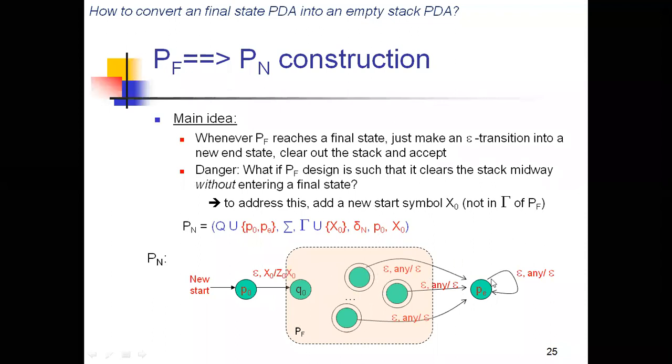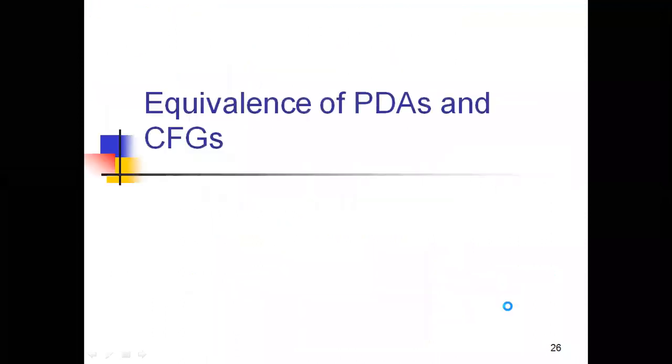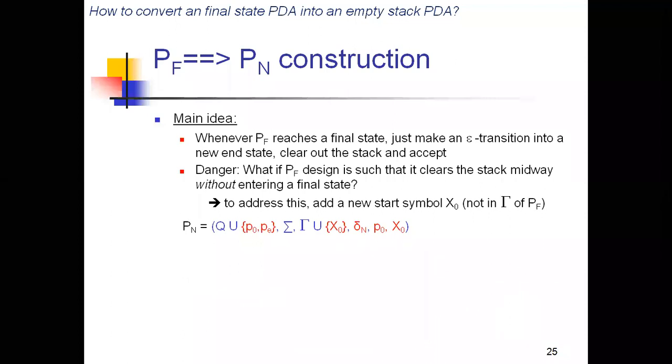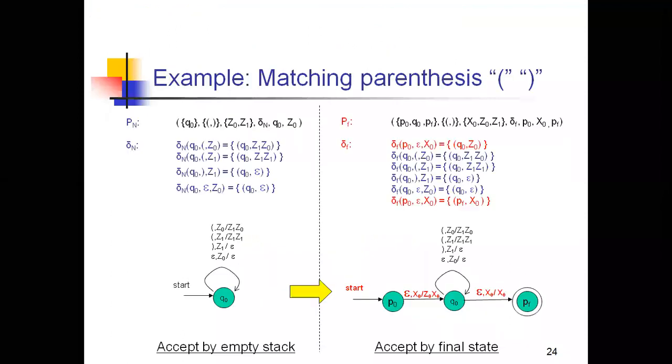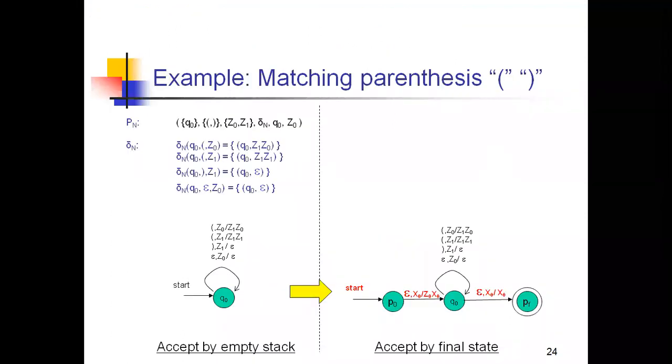Only from the final states to PE we have them. PE is also a new state, and because P naught and PE belong to Q, from the final states to PE we have transition paths with an epsilon. Is it clear?